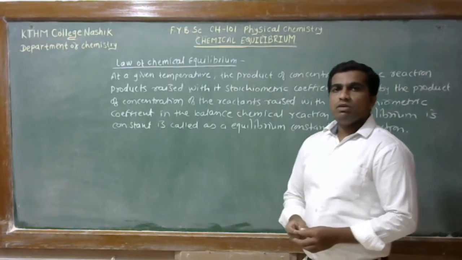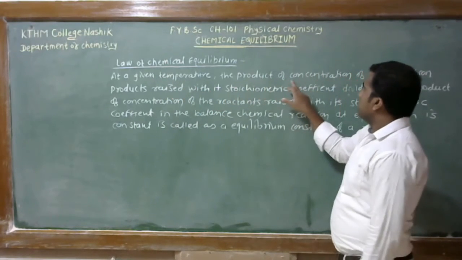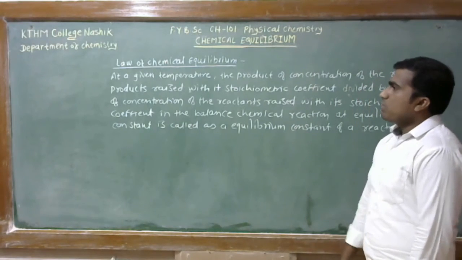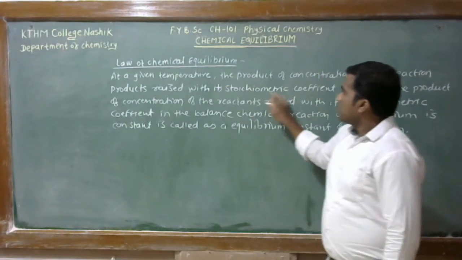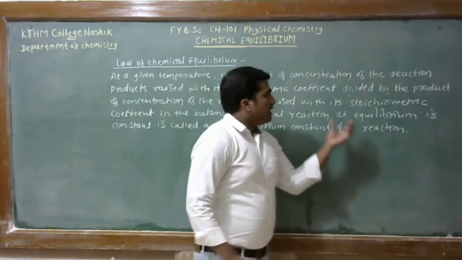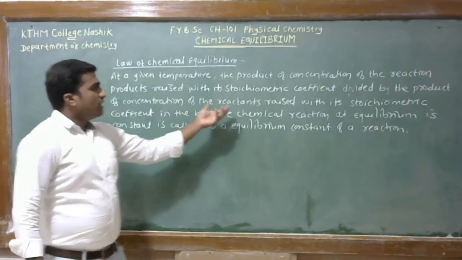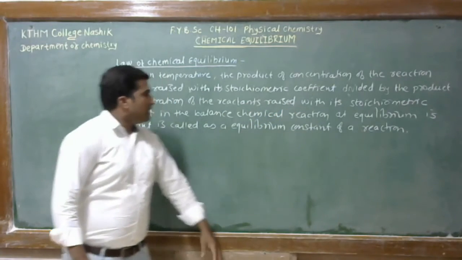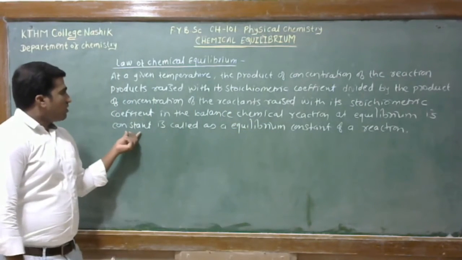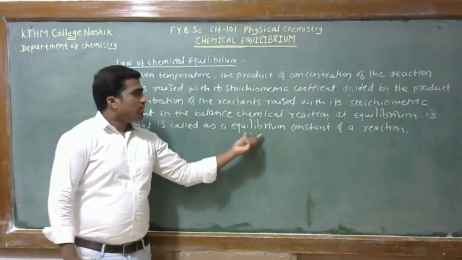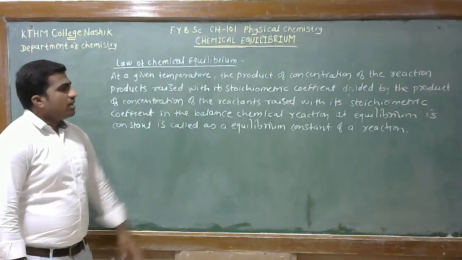The law of chemical equilibrium stated that at a given temperature, the product of concentration of the reaction products raised with its stoichiometric coefficient divided by the product of concentration of the reactants raised with its stoichiometric coefficient in the balanced chemical reaction at equilibrium is constant, called as equilibrium constant of a particular reaction. Okay, so this is the law of chemical equilibrium.